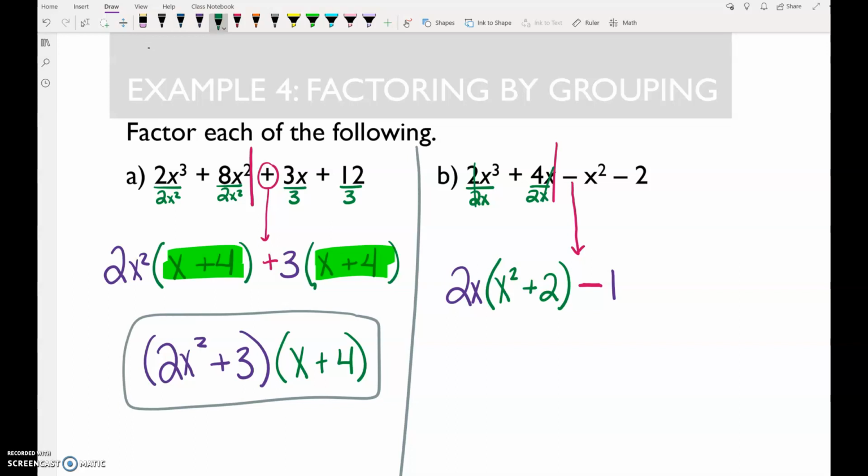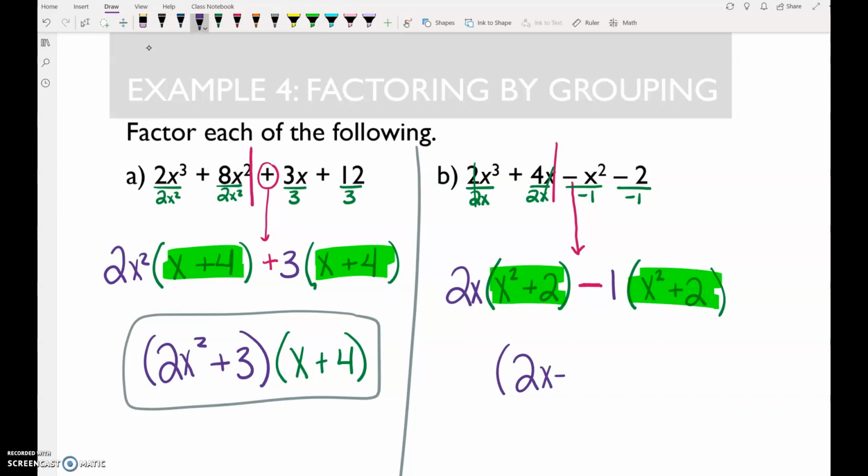But in this case, we're dividing by -1. Negative x squared divided by -1 is positive x squared. -2 divided by -1 is positive 2. Because we divided out the negative, now our parentheses match, and our factored form is 2x minus 1 times the quantity x squared plus 2.